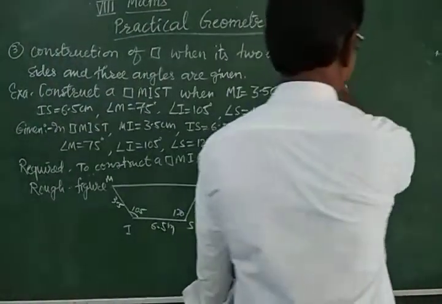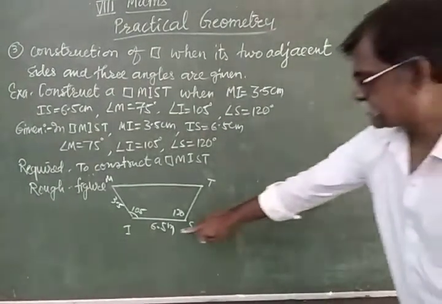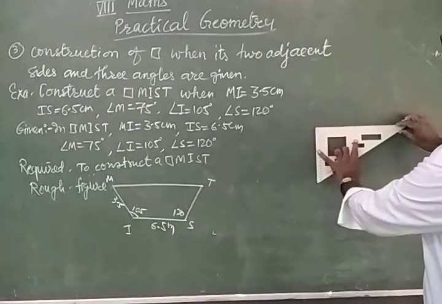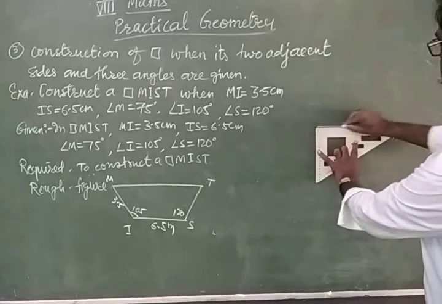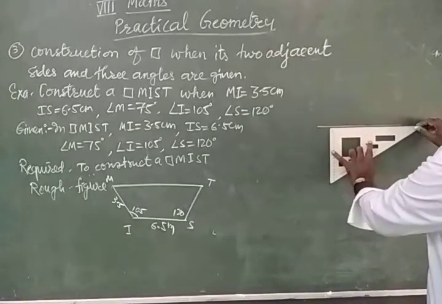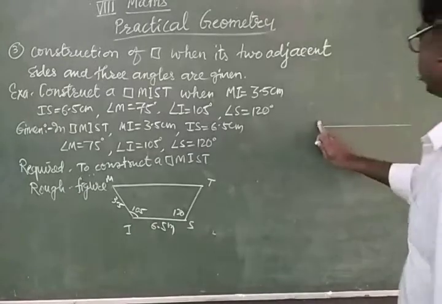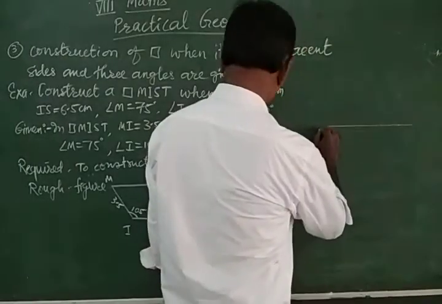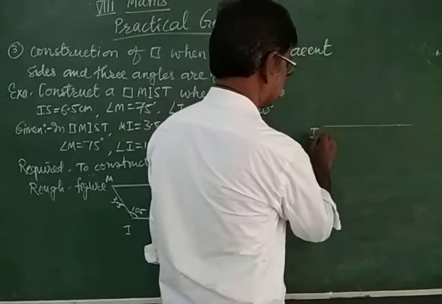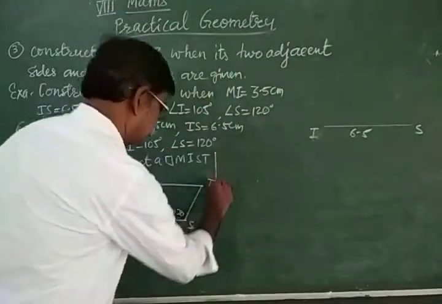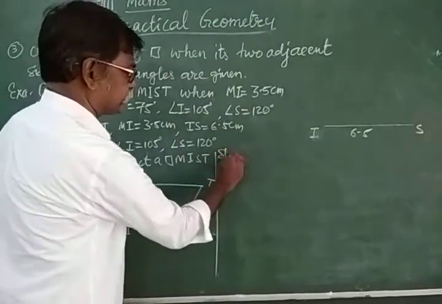First we shall draw IS equal to 6.5 cm. Okay, this is IS, 6.5 cm. Steps of construction.